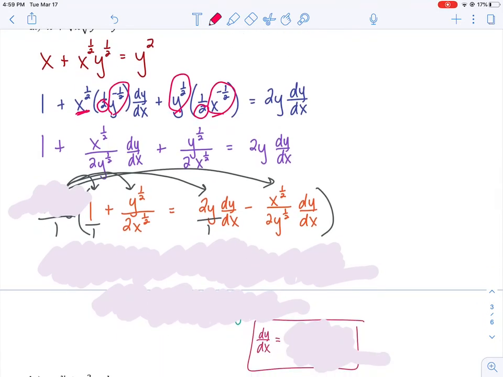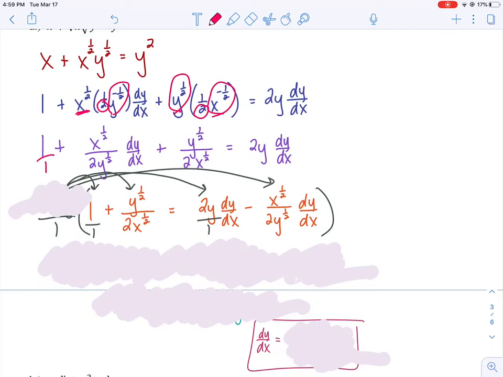Now I notice that I have dy dx's in a couple of different spots, but I also have fractions in this problem. I'd like to clear those fractions first before I do anything else. Hopefully we know how to clear fractions in an equation by multiplying every term by the common denominator.